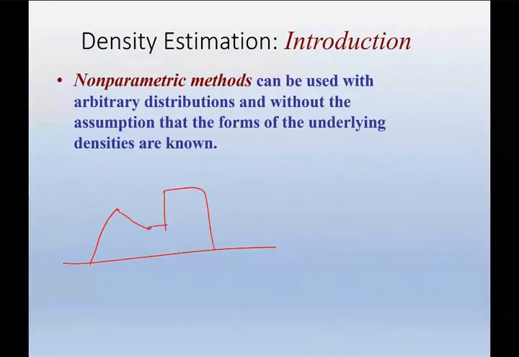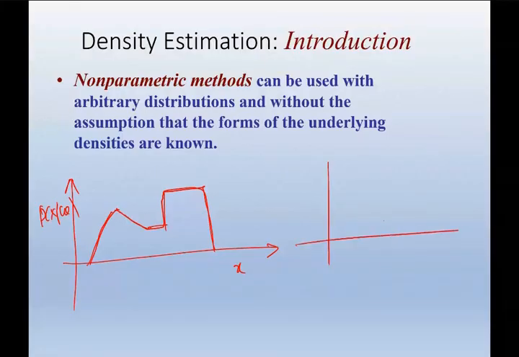If this is my actual data, then I should be able to find out this probability of x given omega very easily if I go with a non-parametric method. You can have any shape, maybe some triangular here, then like this.